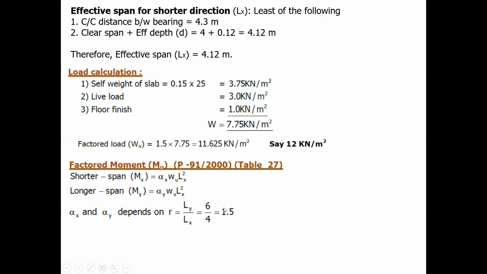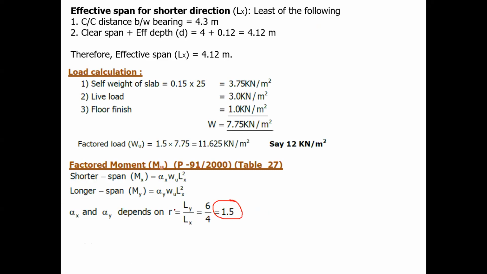See, just a minute. As you have seen in the question here, the slide is visible, right? So as you can see here, Ly by Lx is 1.5, isn't it?